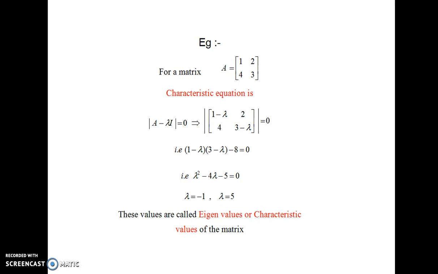For example, if A is a 2 by 2 matrix this way, then we write A minus lambda I by subtracting lambda from the diagonal elements, equate its determinant to 0 and expand it, and we get this equation. When we solve this equation for lambda, we get the values of lambda. These are called the eigenvalues of this matrix A.